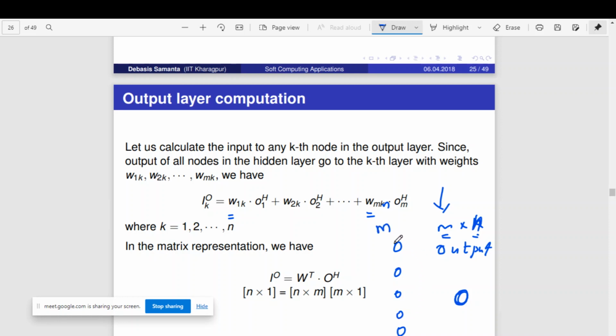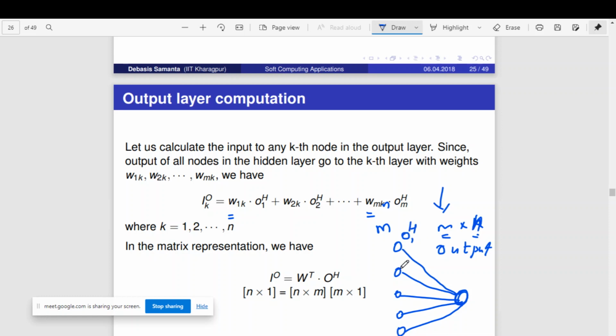M neurons of the hidden layer, right? From all the neurons it will be getting the input. Apart from the neuron outputs, what else does it get? Weights.